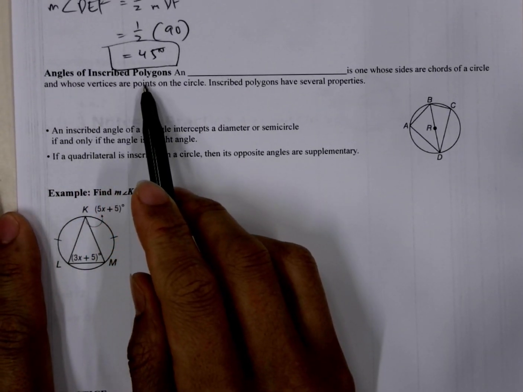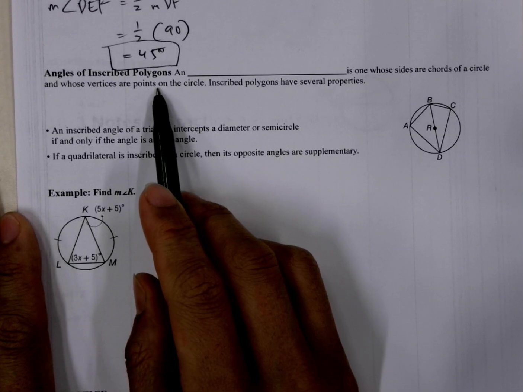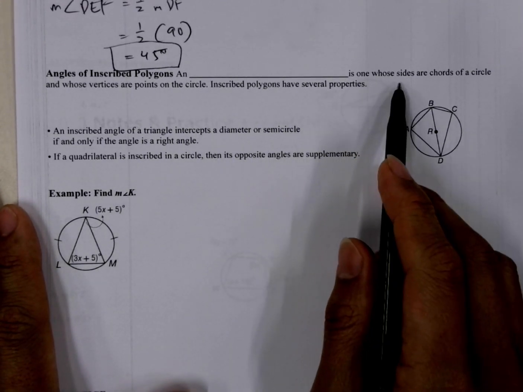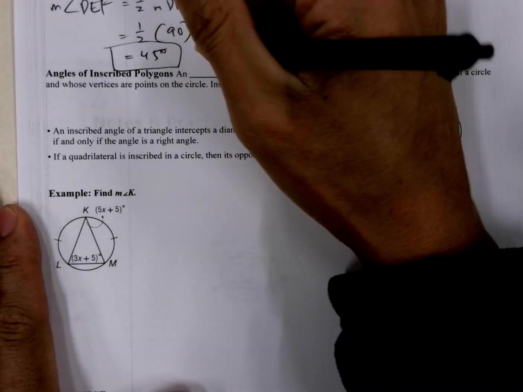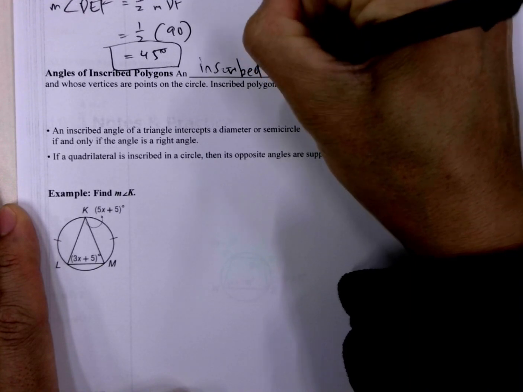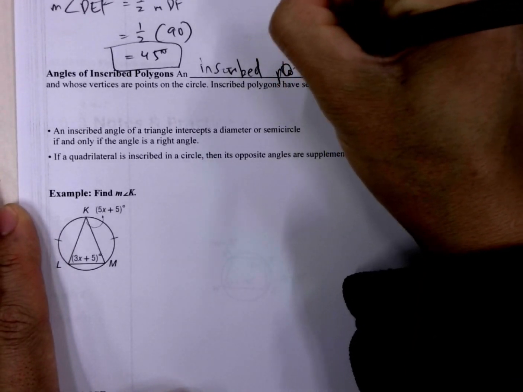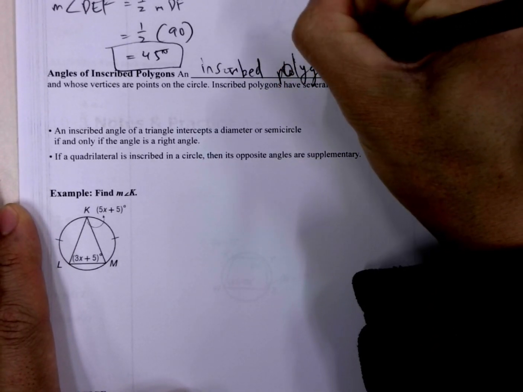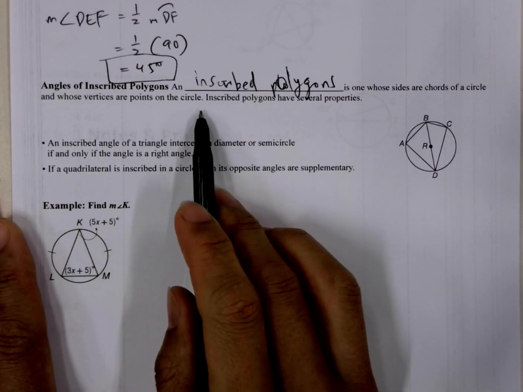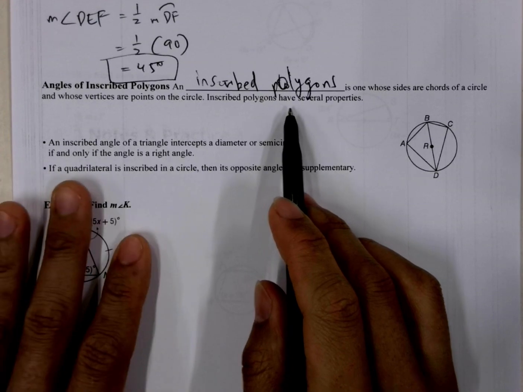All right, let's go ahead and look at the second part here. Angles of inscribed polygons. An inscribed polygon is one whose sides are chords of a circle and whose vertices are points on the circle. Inscribed polygons have several properties.